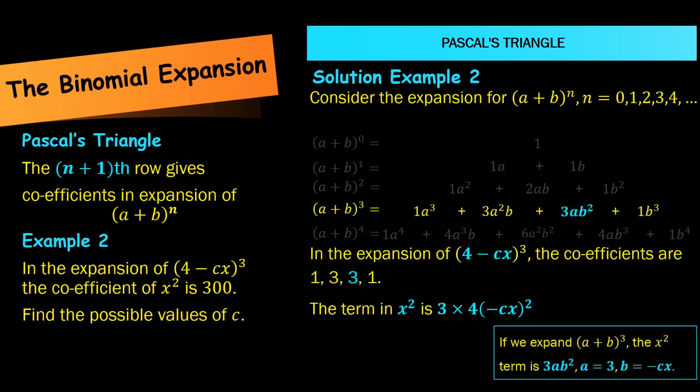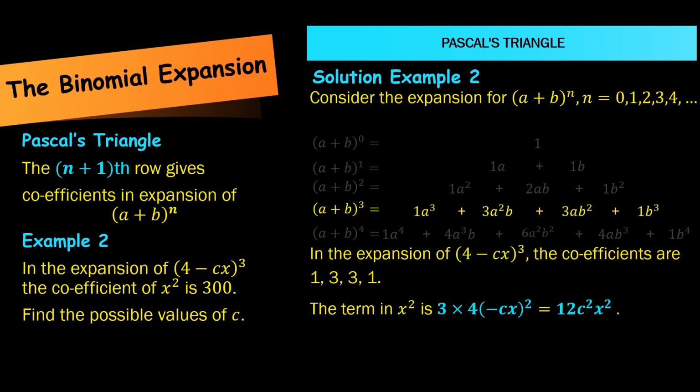The term in x squared which we are interested in is 3 times 4 times (−cx) all raised to the power 2. Notice that if we expand (a + b) all raised to the power 3, the x squared term is 3ab squared, and we've simply substituted a equal to 4 and b equal to −cx.